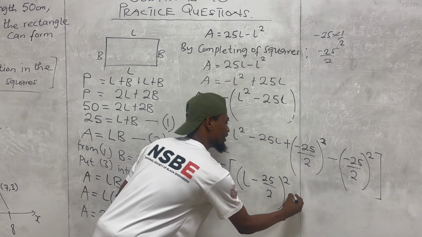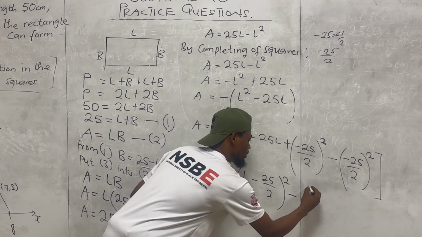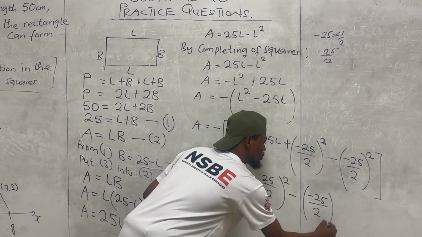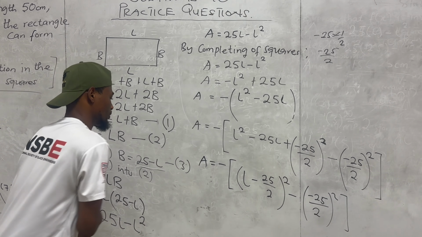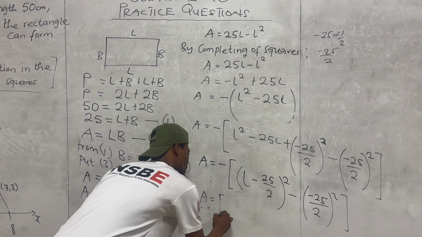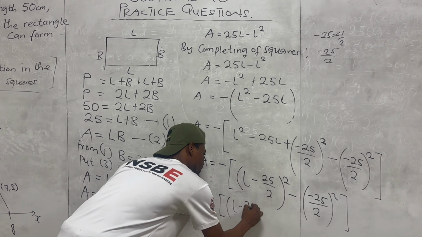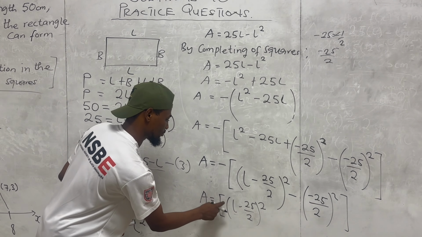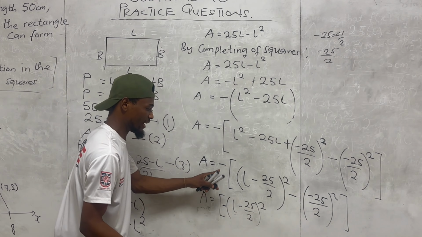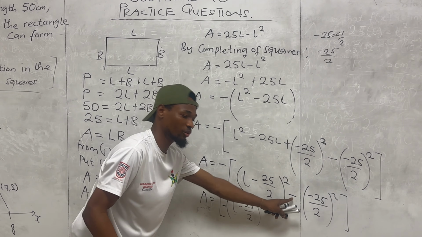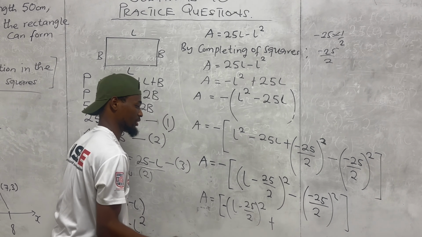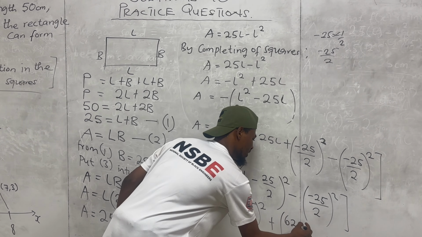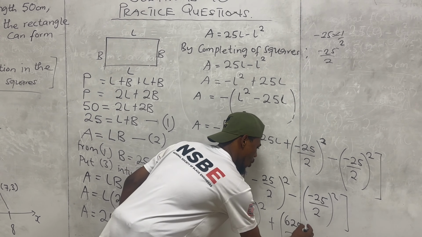Then I have negative 25 over 2 all squared. So A is equal to negative L minus 25 over 2 all squared. The negative times negative gives positive, and this gives 625 over 4.